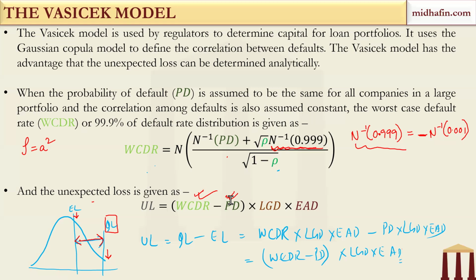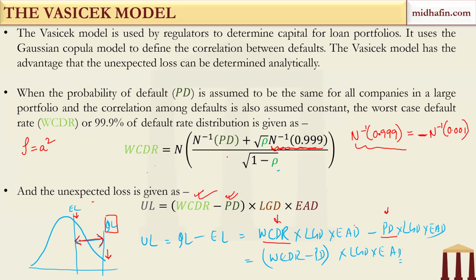So since these two are probabilities only, if you see, this is a probability, na? This is also a probability and this is also a probability. So don't you think this number will come out to be negative if this is smaller than PD? Yes or no? Compare WCDR and PD only in probability terms because WCDR is probability only.